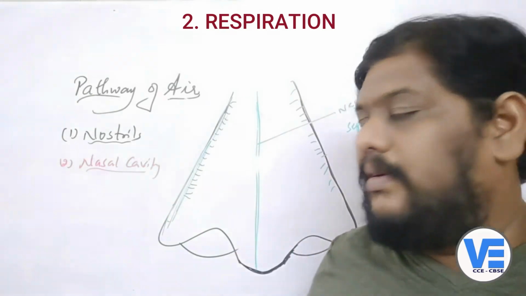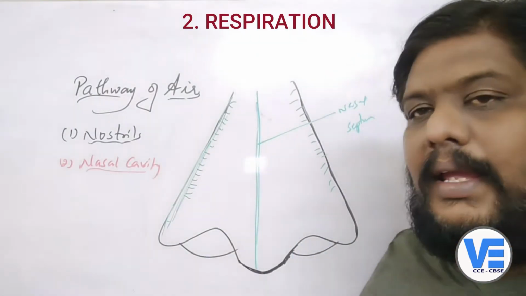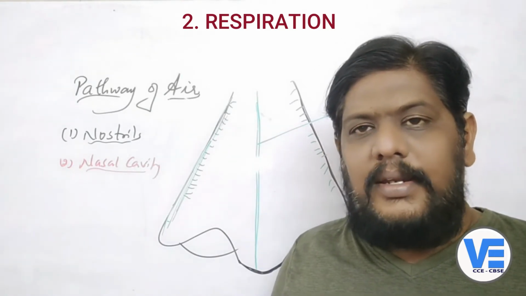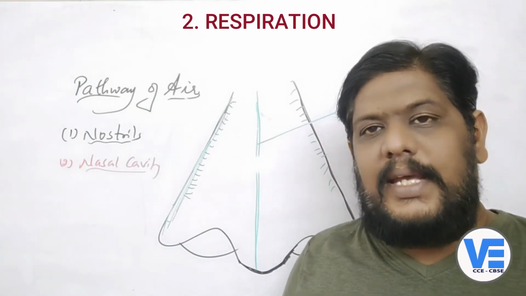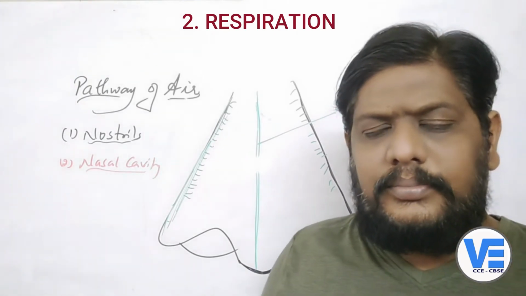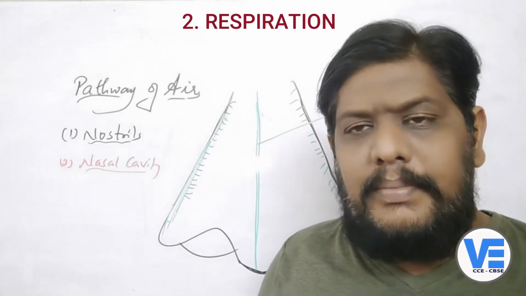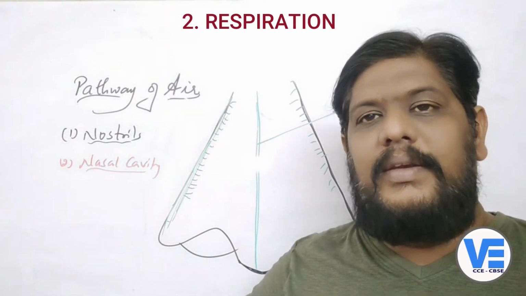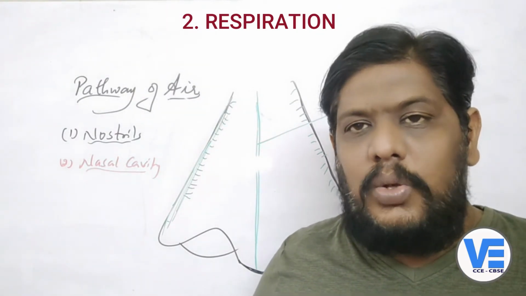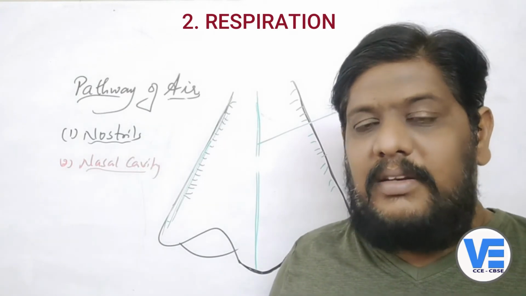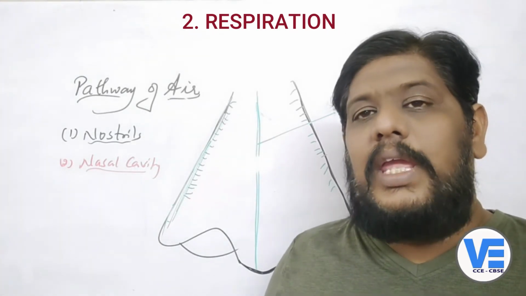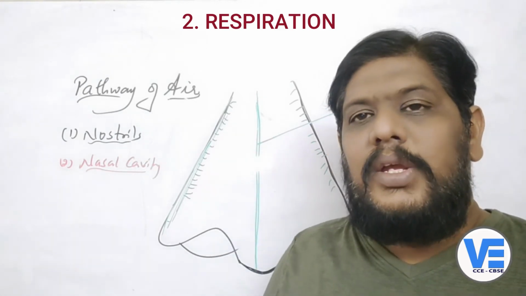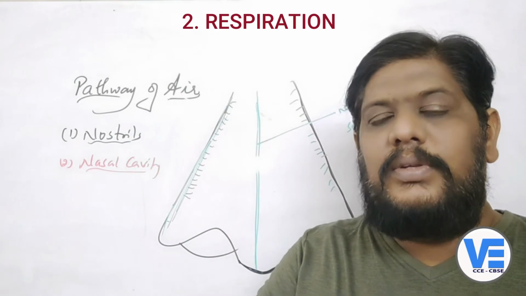One more thing: whatever air you inhale, your body temperature is 98.4 degrees Fahrenheit, so the air which goes inside should also match your body temperature. If it's winter, you'll be breathing cool air; if it is summer, you'll be breathing hot air. If you keep breathing hot air, it may dry up the mucous membrane and disturb the pathway to the lungs.